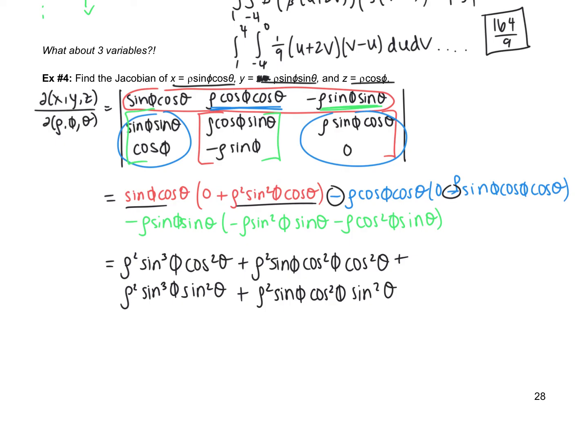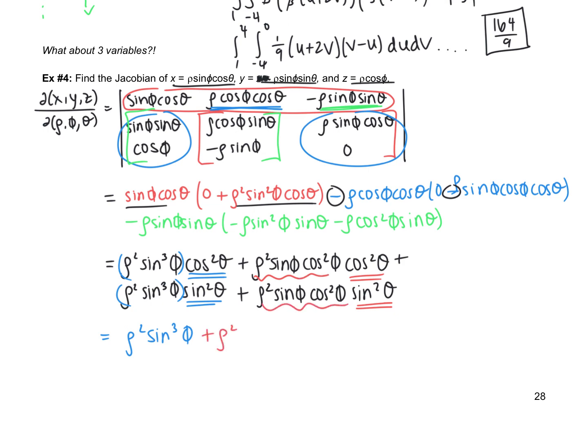Woo-hoo. Okay, doing a little simplifying. We notice we have cosine squared theta add sine squared of theta. So if we factored this out, it would give us rho squared sine cubed phi. And then we have cosine squared theta add sine squared theta. So again, this would have been factored out.